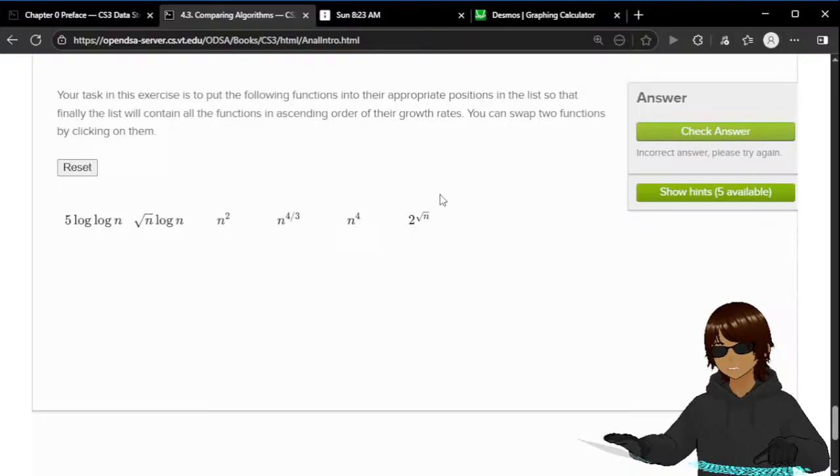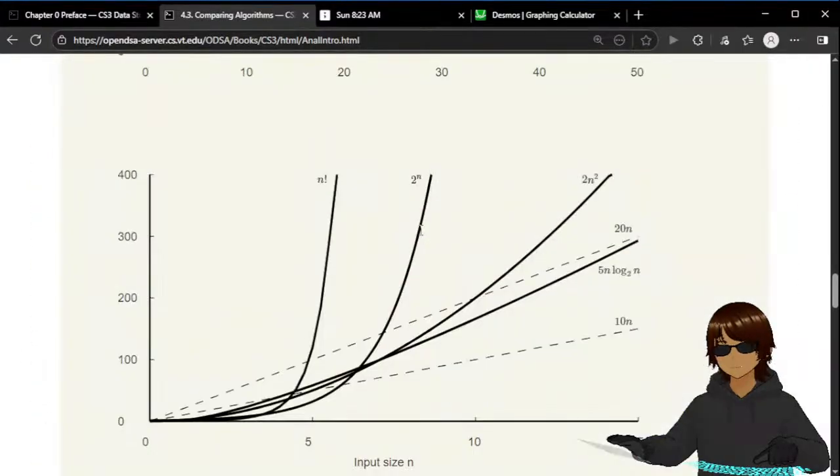Something is missing. Maybe this? No, that doesn't make sense. Log should be much smaller. I did focus on the exponents. Is this the issue? 2 to the power of root n?